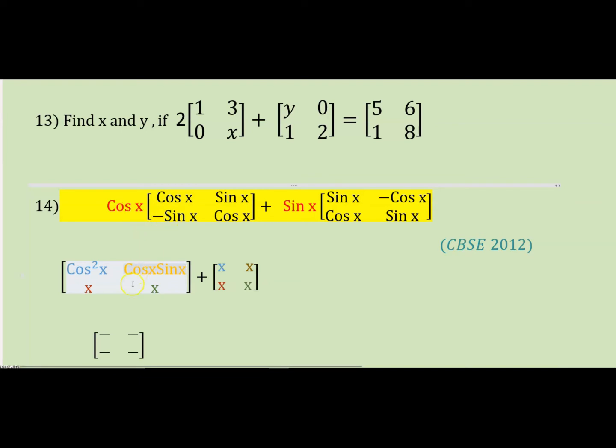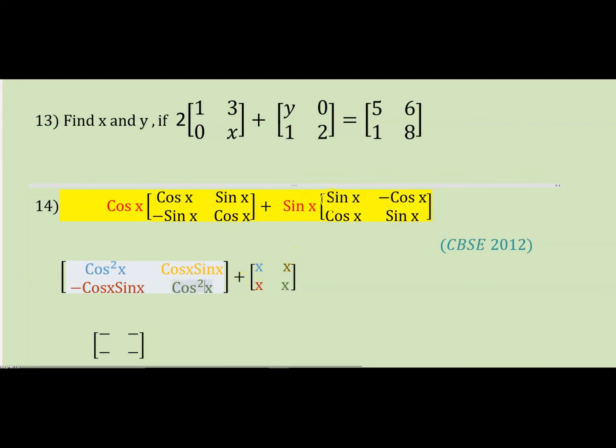The next is cos into minus sin x, that is minus cos x sin x. Similarly cos into cos x, and here we are having cos square x.